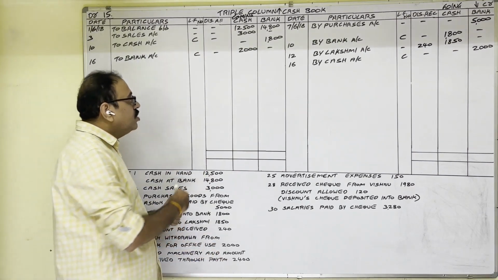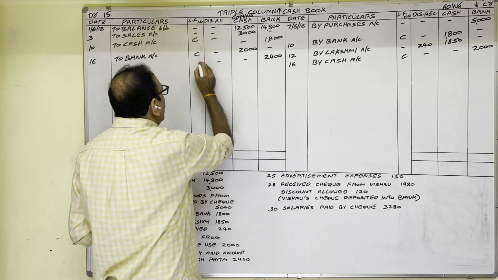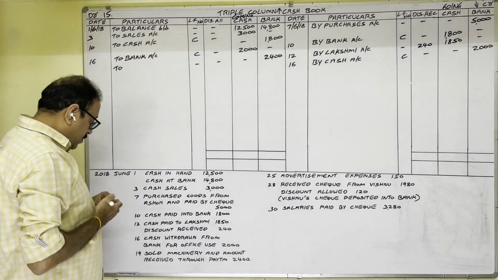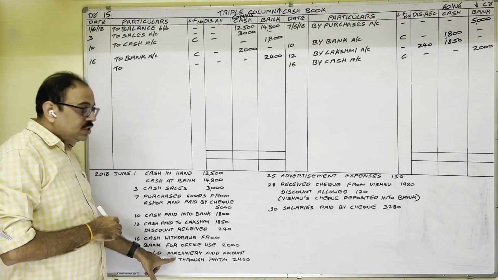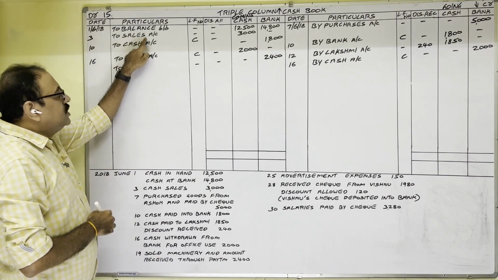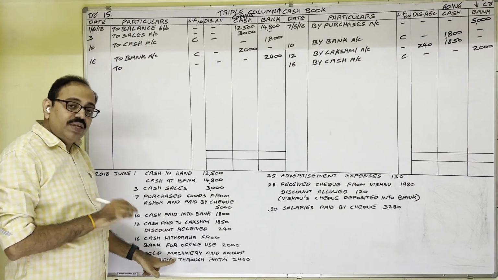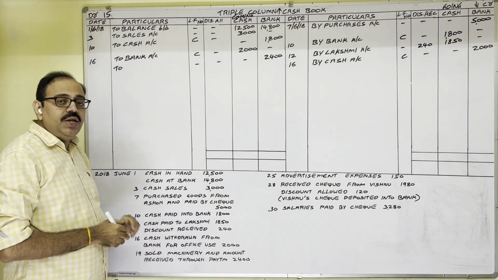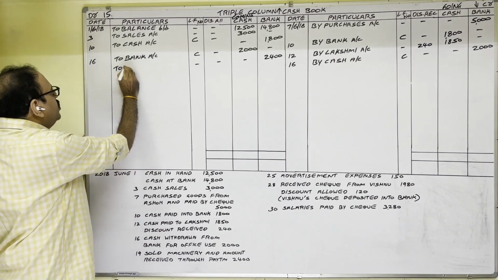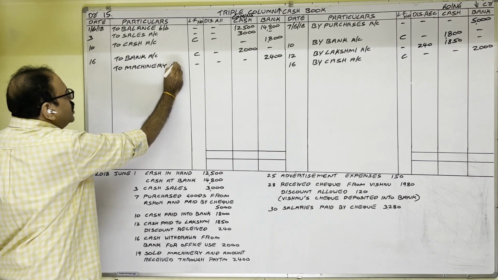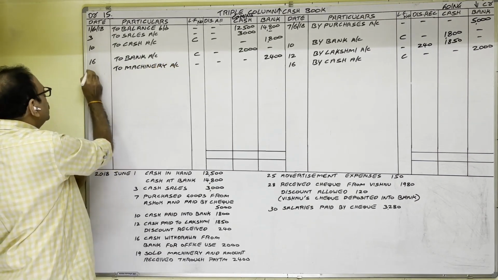The amount is 2400 rupees. And what to write in the particulars column? When we sell goods, we write sales account. But here we sold machinery, a fixed asset. When machinery is sold, we should write that asset name, machinery account. Don't write sales account. Date is 19th.